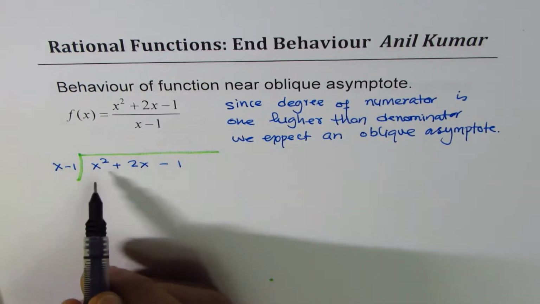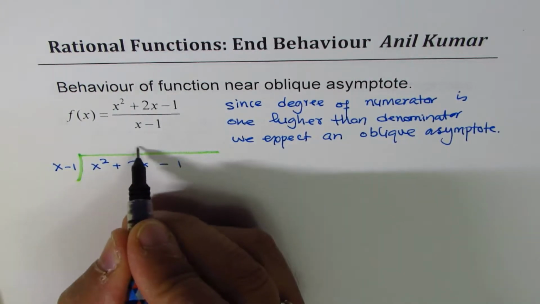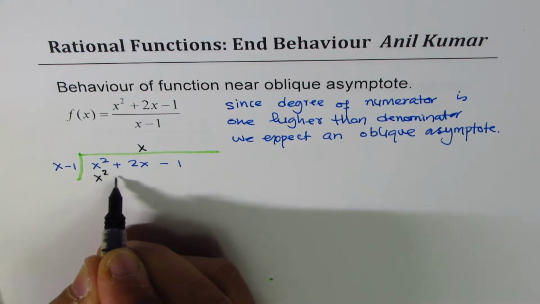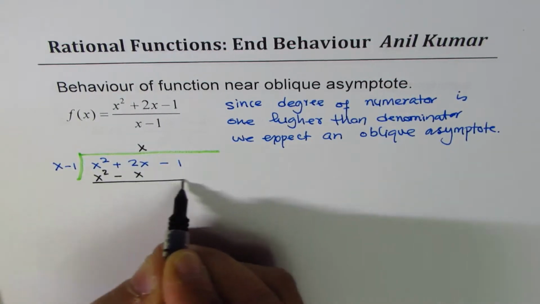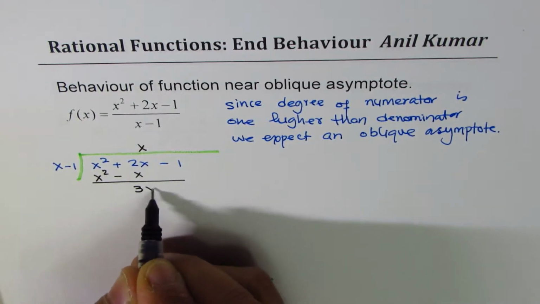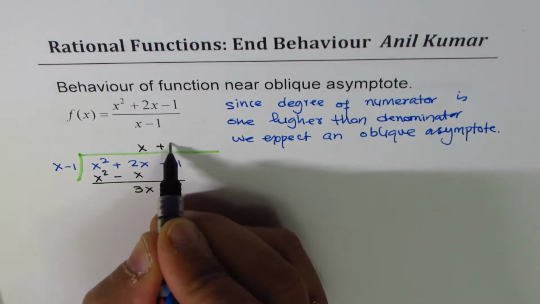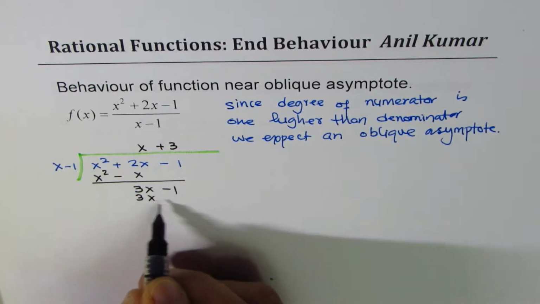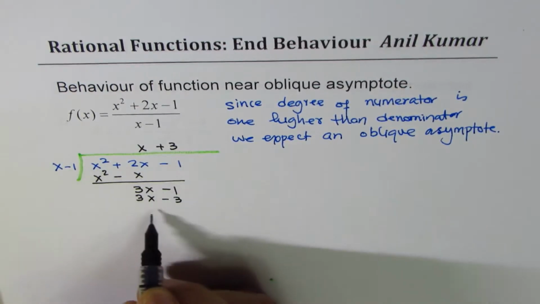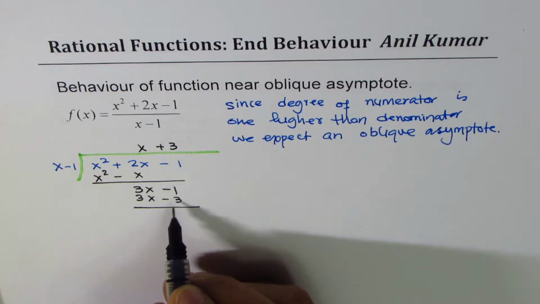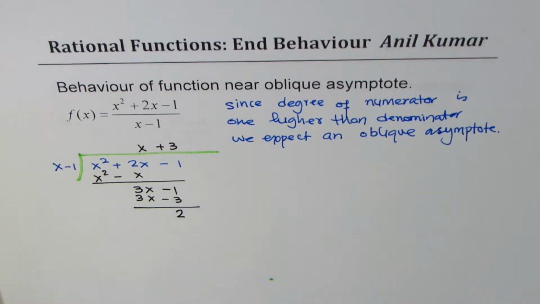What do we get? Taking the first two terms, multiply by x, that gives us x squared minus x. When you take away, we get 3x minus 1, and we could do plus 3 times. So we have 3x minus 3, and minus 1 minus minus 3, when you take away, you get plus 2 here.